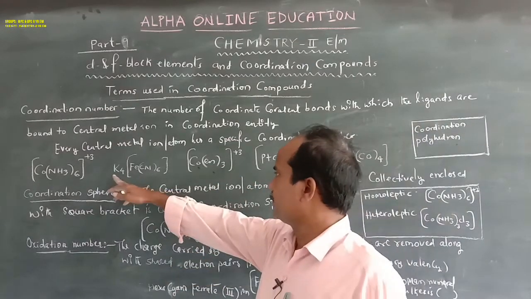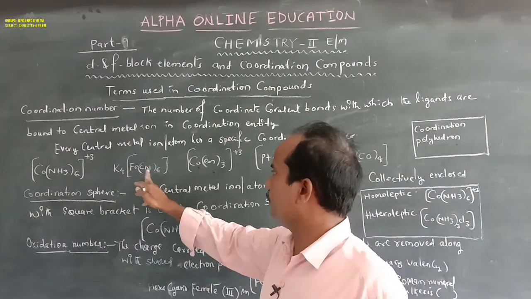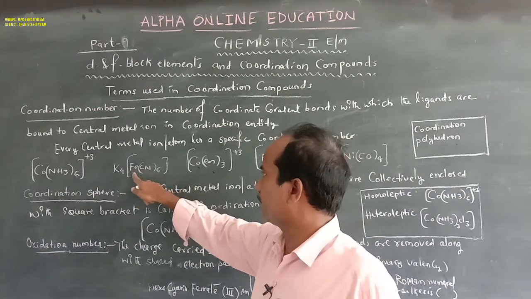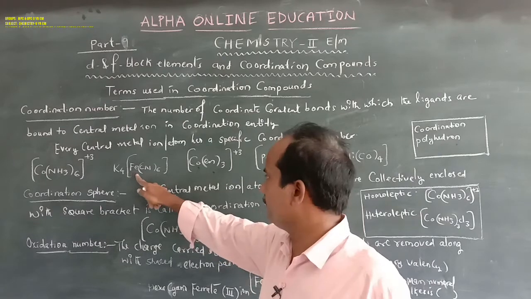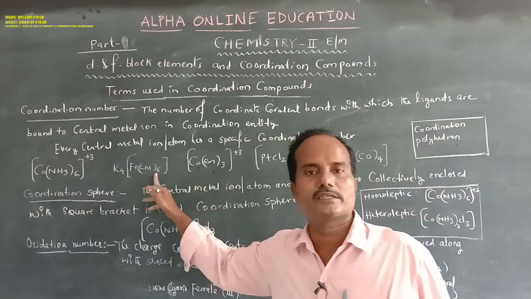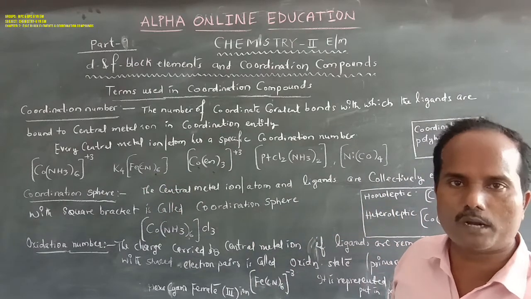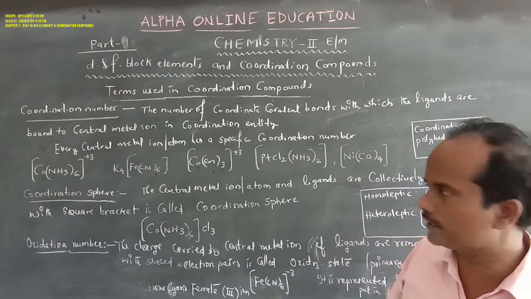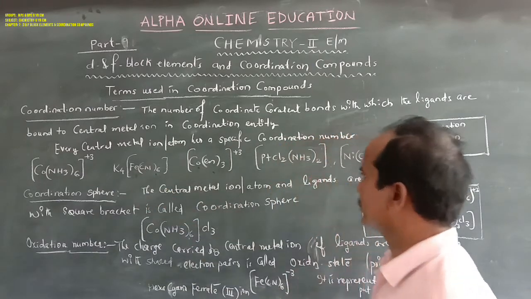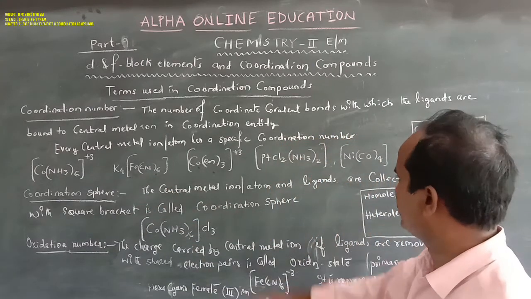Then next one is potassium hexacyanoferrate(II). In this complex the coordination number of iron is 6, because the 6 cyano ligands can donate 6 pairs of electrons and form 6 coordinate covalent bonds to the metal ion. That's why the coordination number is again 6.